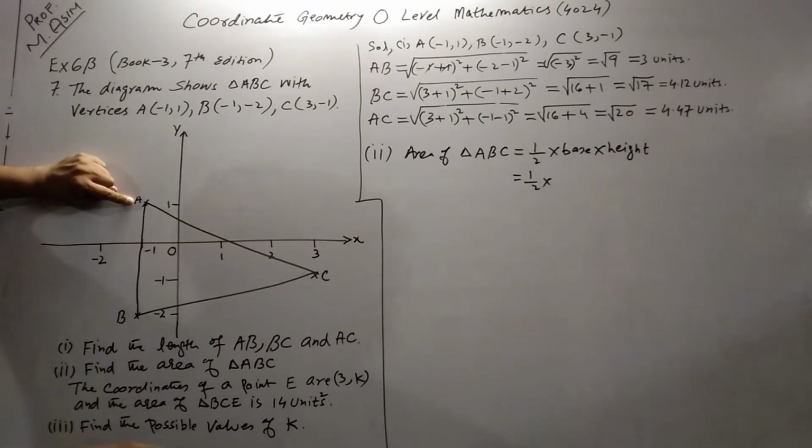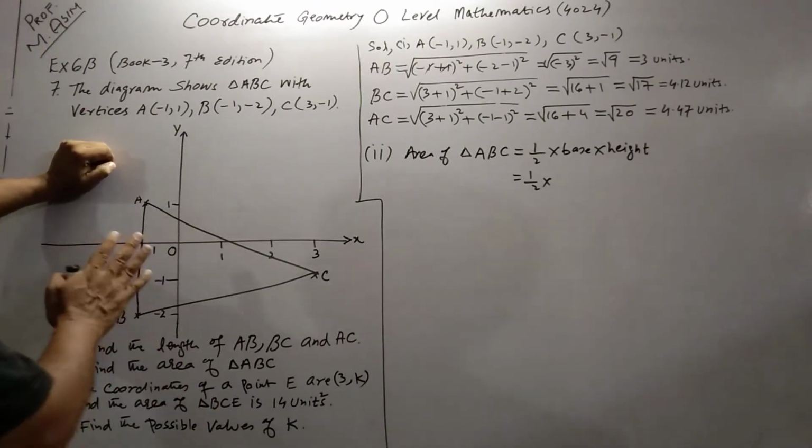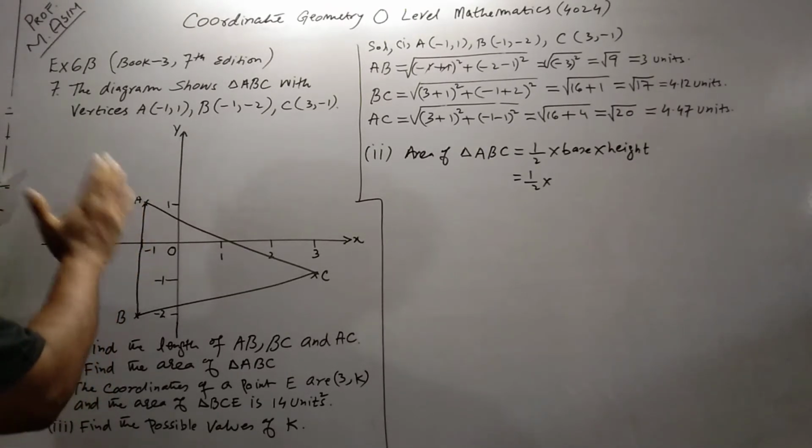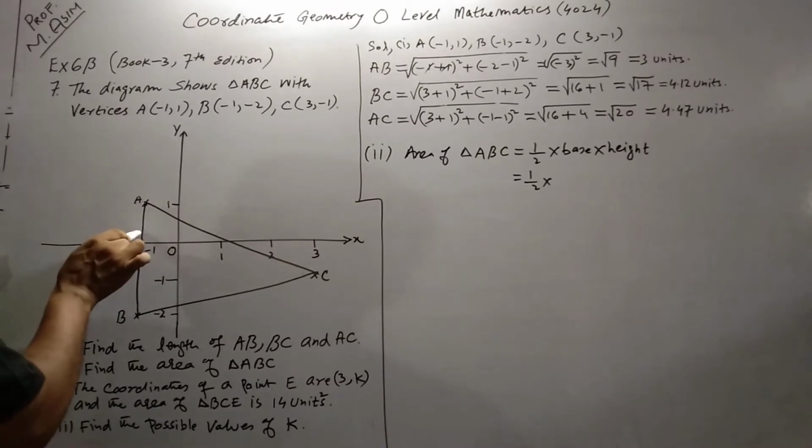This line AB, if you see the graph in the book, this line is 100% straight, and this line is perpendicular to the x-axis.